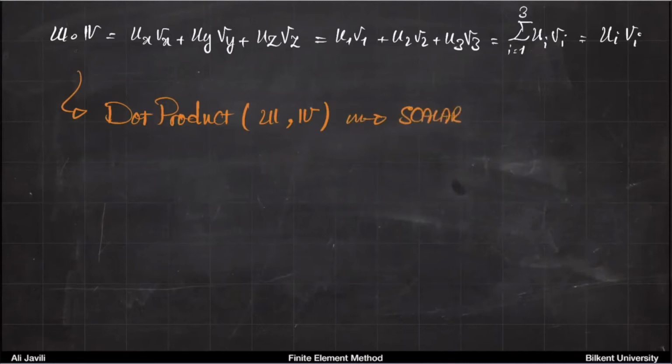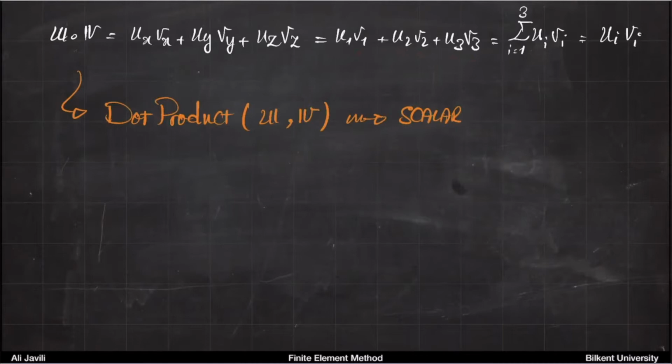And how does that scalar value work? It gives you one-to-one multiplications of the components, and then a summation over them, right? So this is u1 v1, u2 v2, u3 v3.